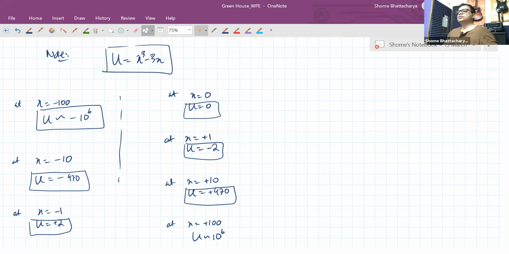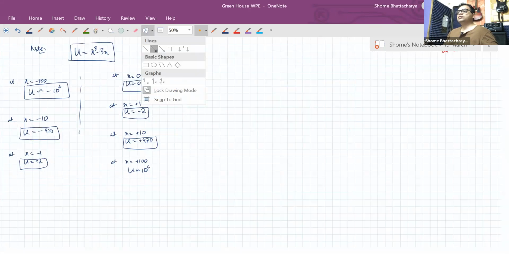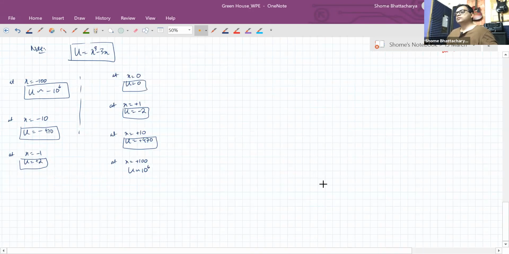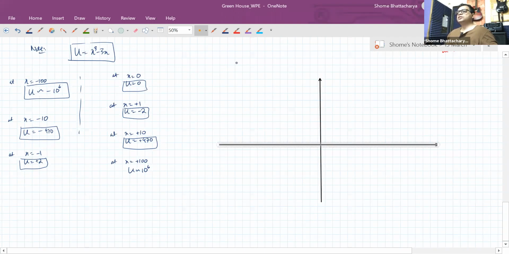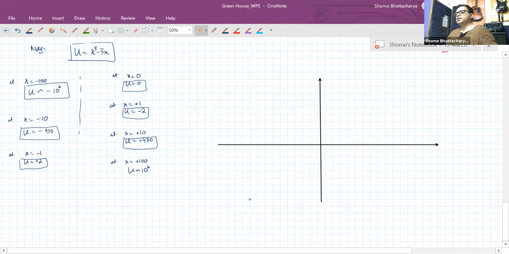So from this we can sort of estimate the graph, also taking into account now that we know the local maxima and minima. So the whole thing will now make sense to us. The graph of this function is somewhat like this.